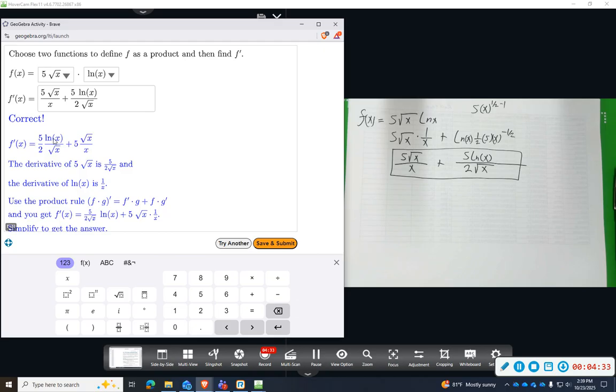And yeah, they just do the same, they just reverse the order. Alright, so that's fine. Just pick any 2 functions you want, and then you'll just practice doing the product rule.